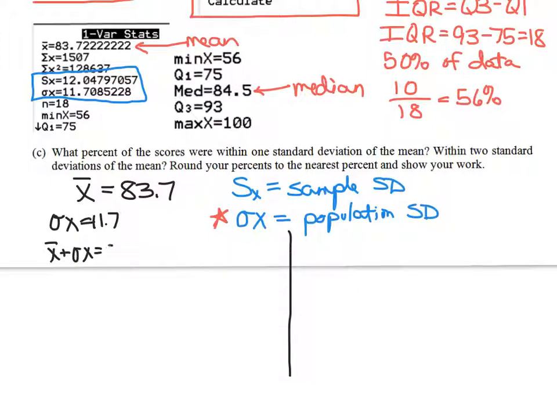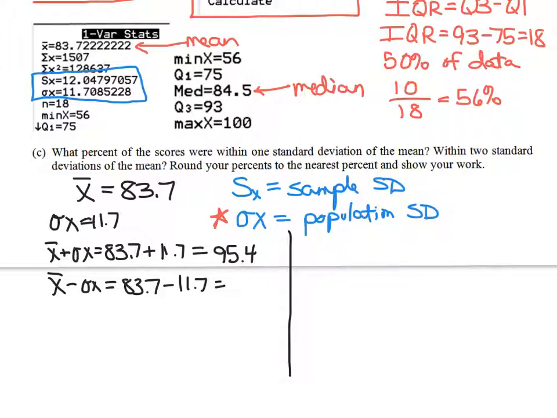That's 83.7 plus 11.7, giving me a total of 95.4. I want to go the other direction as well: go from the mean and subtract one standard deviation. That's 83.7 minus 11.7, which gives me 72.